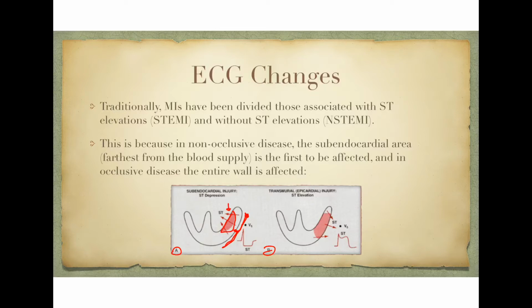So when it's depolarizing, the vectors will point from the surrounding healthy tissue towards that ischemic area, as you see in the picture. And so the net vector in this area will be pointing away from the lead that it's corresponding to, in this case V5 or V6. And so you'll start to see ST depressions in those leads because the vector is pointing away.